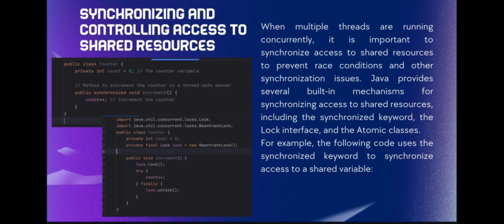We can also use several built-in mechanisms for synchronizing access to shared resources, including the synchronized keyword, the Lock interface, and atomic classes. For example, here we used the Lock interface and ReentrantLock. So we can look it up here.